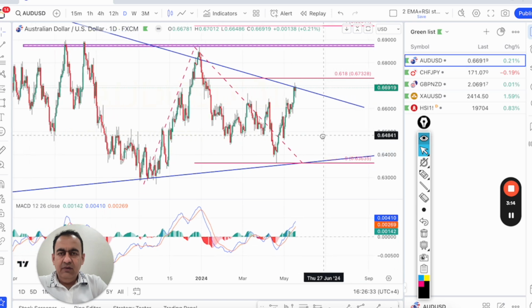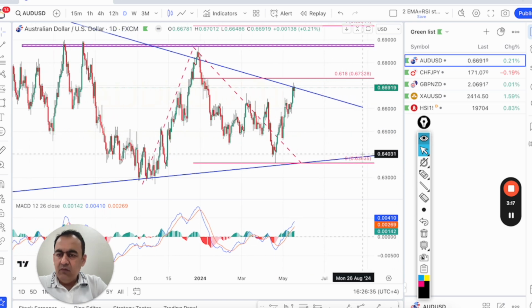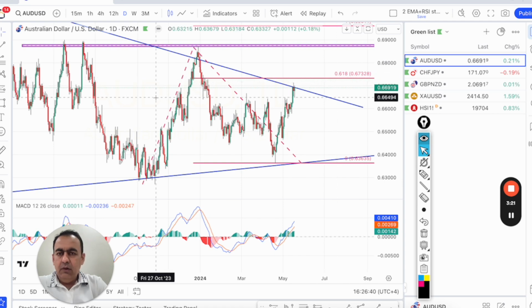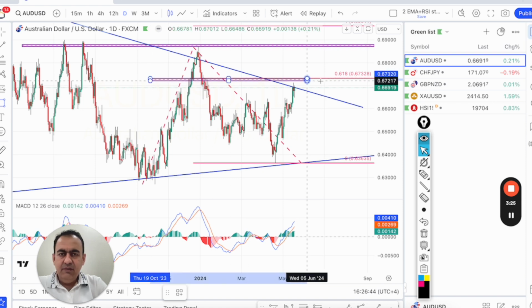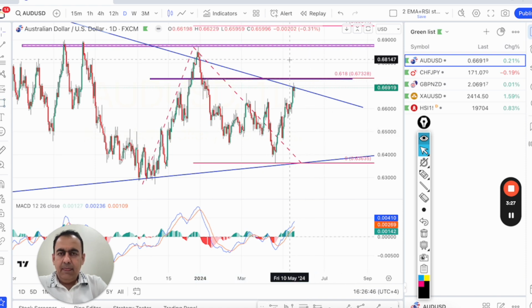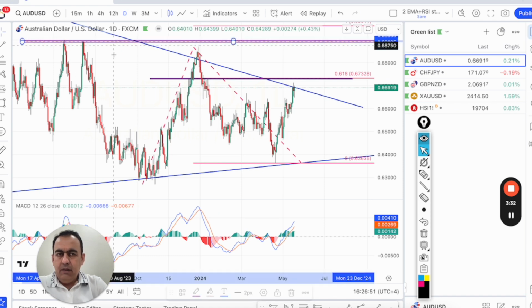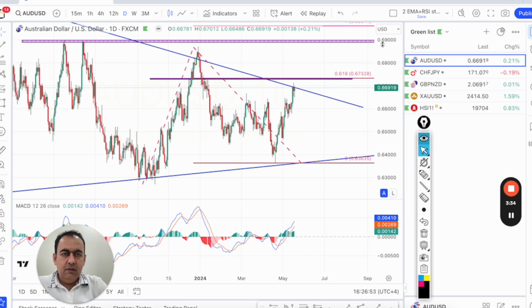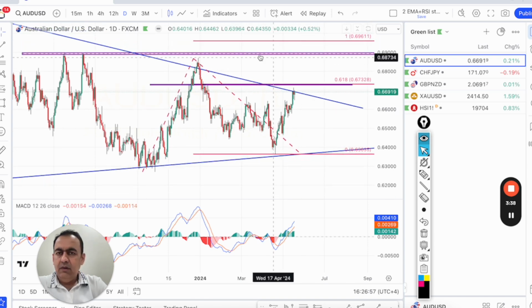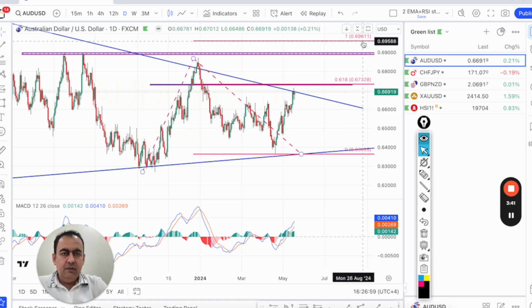Now the first barrier based on Fib extension is at 0.6732, and this is going to be the first resistance, and the next major resistance is coming around 0.6900, and based on Fib extension, the next resistance would be at 0.6961.